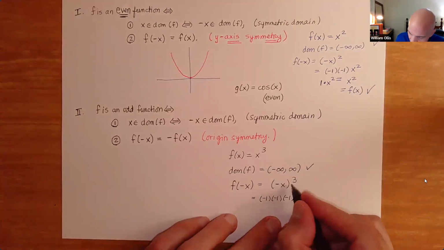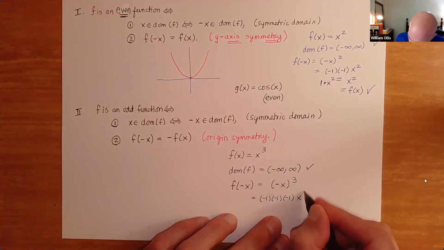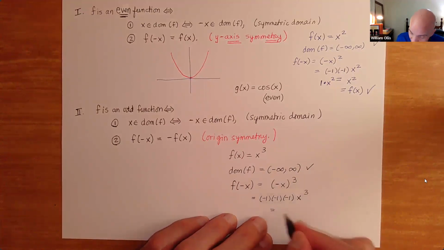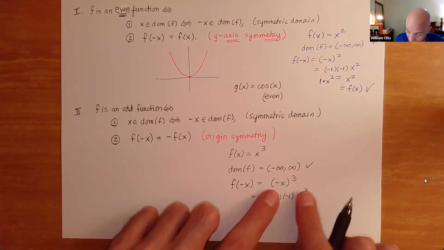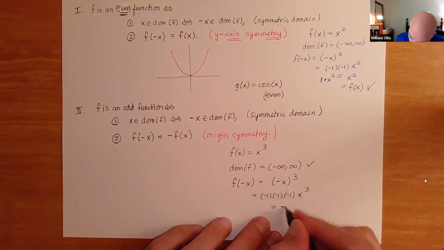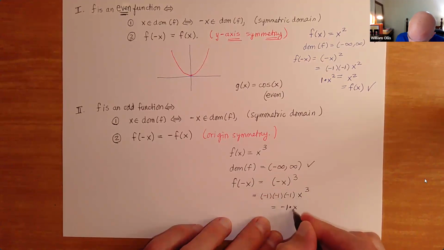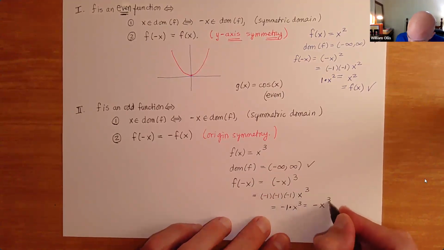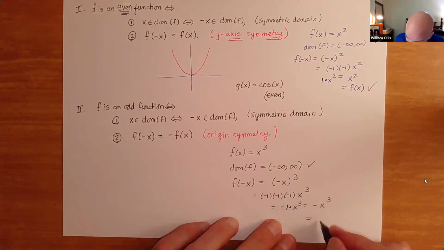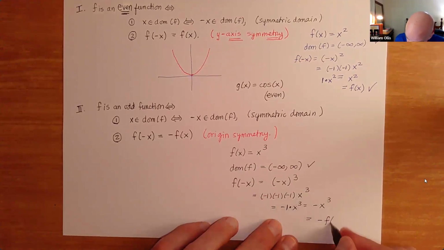And then you've got x times x times x, that's x cubed. But of course, the 3 negatives give you a negative. So positive 1 times negative 1 just gives you negative 1 times the x cubed. And that gives you the additive inverse of x cubed, which is the additive inverse of the original function.